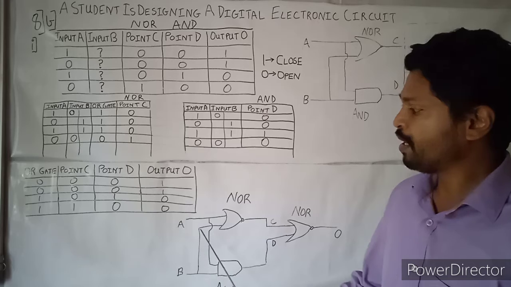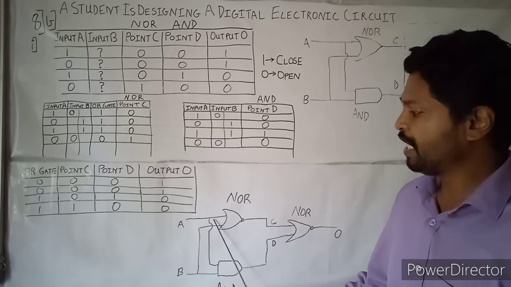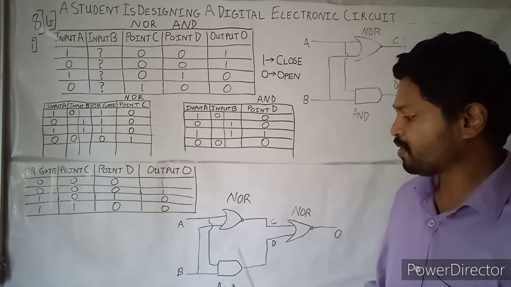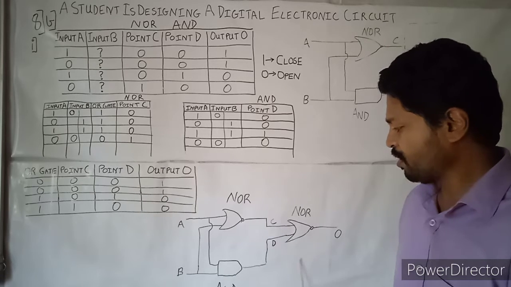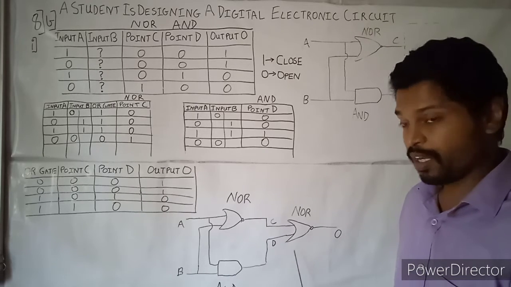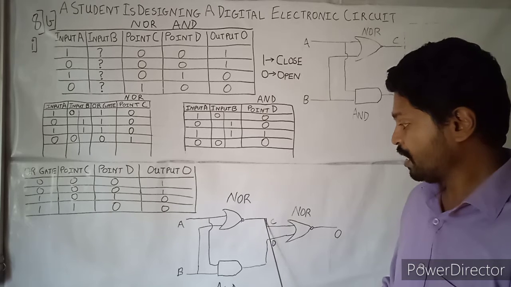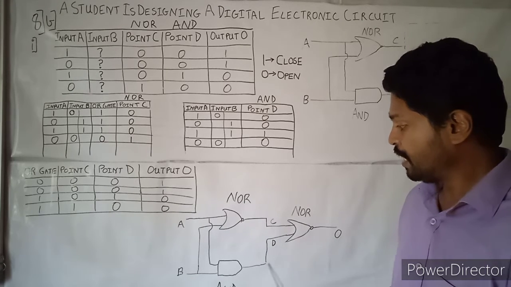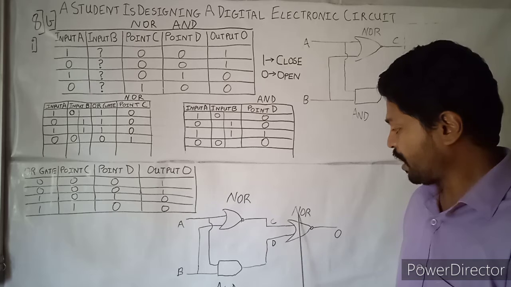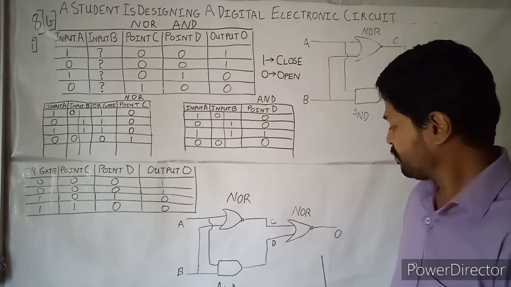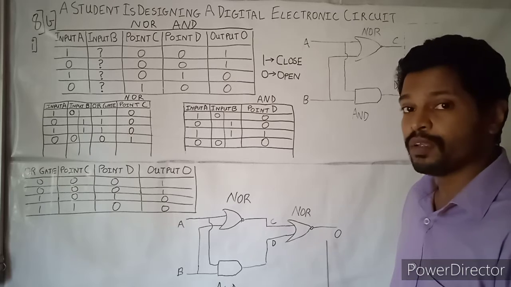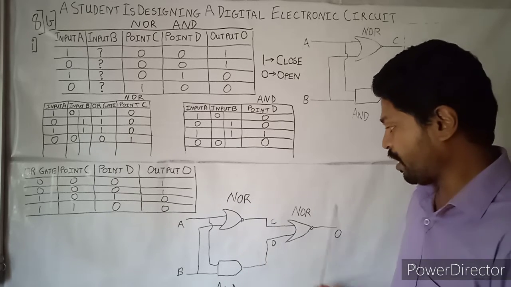This we have taken from the question: NOR gate was there, AND gate was there, and in between there was a small box out here. We didn't know that it was a NOR gate, so we have to draw the inputs C, D, and a NOR gate, a bubble over here showing that it is a NOR gate, and the output O. So this is your final answer.